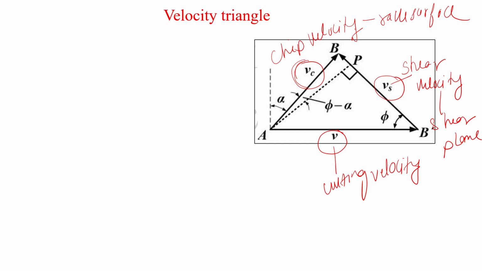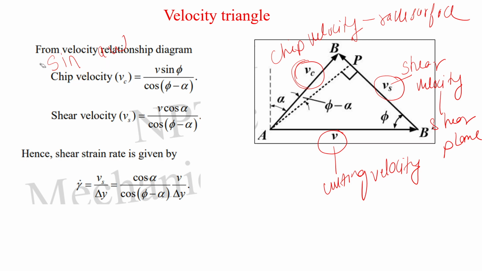By using simple mathematics, we are using the sine law here. From here I have directly written the formula. We can find Vc and Vs. Vc is V sin phi upon cos phi minus alpha, and Vs is V cos alpha upon cos phi minus alpha.